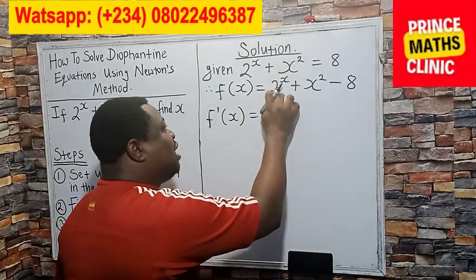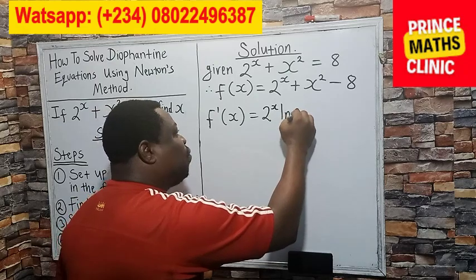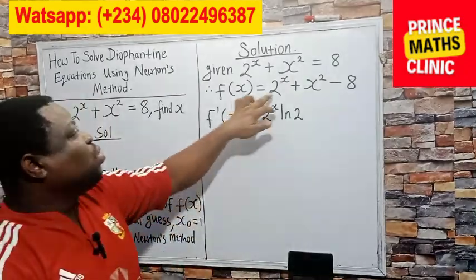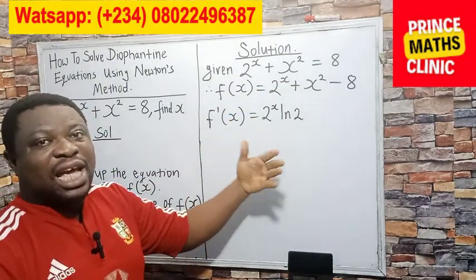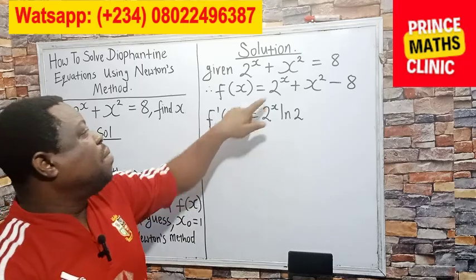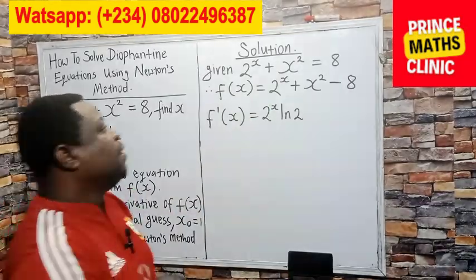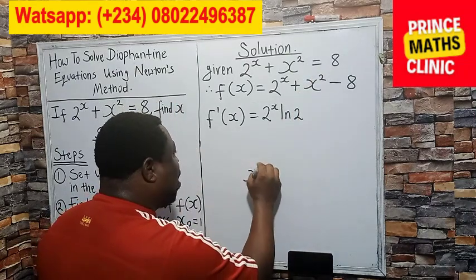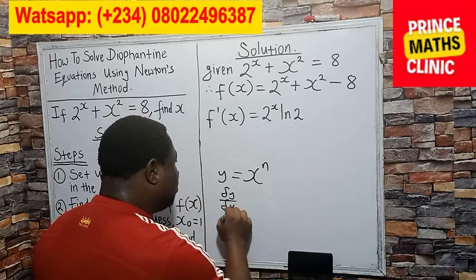So when we differentiated this, we had 2 to the power of x ln of 2. That is the result. So if it is 3 to the power of x, it will be 3 to the power of x ln of 3. If it is 5 to the power of x, it will be 5 to the power of x ln of 5. Good.